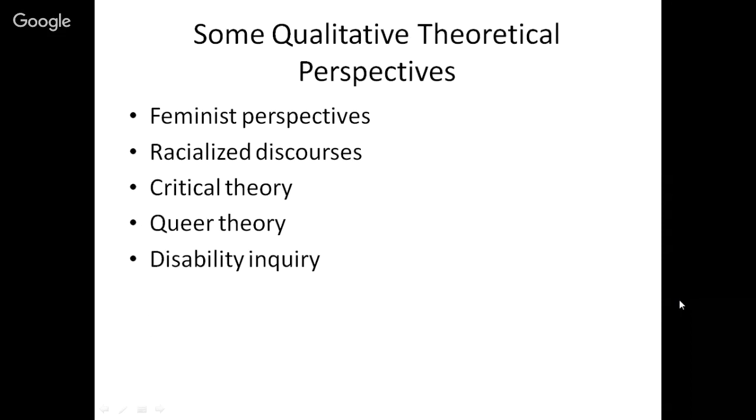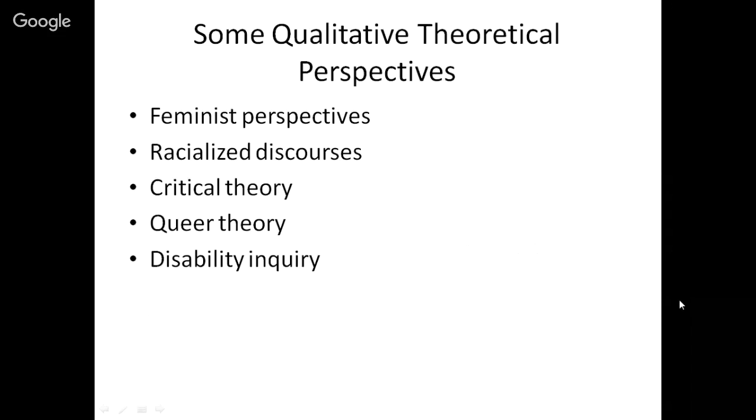And so some qualitative theoretical perspectives that we must consider. So there's such things as feminist perspectives, racialized discourses, critical theory, queer theory, and disability inquiry. So if all of these are centered, so if they're researching, for example, disabled persons and how they move and operate and feel in the world, you have to get the perspective and respect the perspective of those who are disabled.